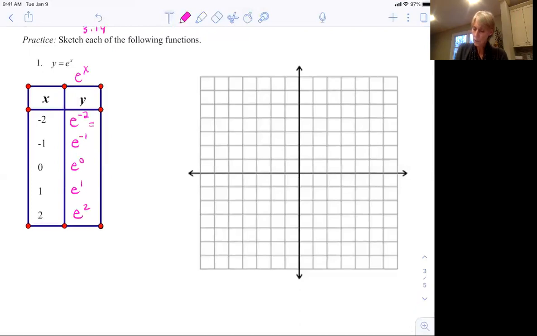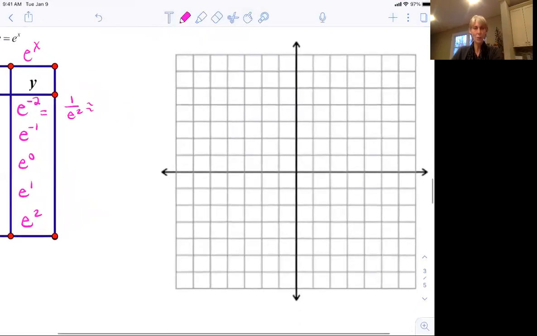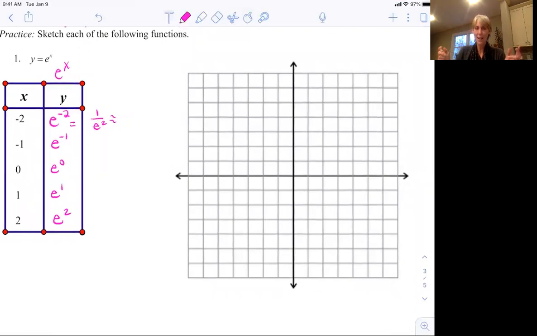Well, e to the -2 is really 1 over e squared, which is about, now just think about it, because we're graphing on this little xy axis over here, we don't have to be that exact. So if I'm plugging in 2.718, that's about 3 for e. So 1 over e squared is about 1/9.